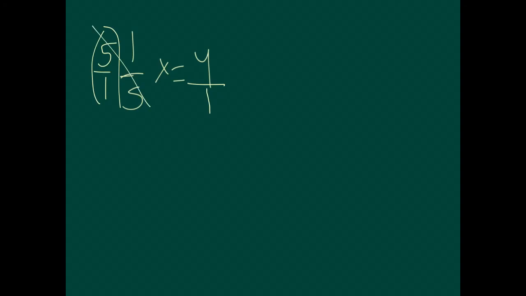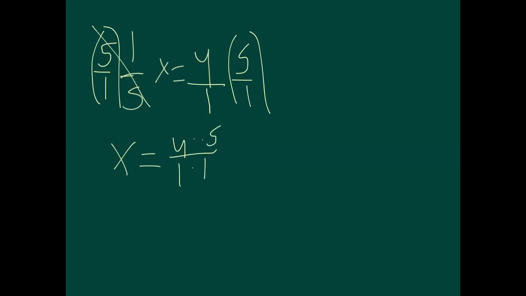Okay, that cancels out. So then this would be 5 over 1. So x equals 4 times 5 over 1. So then you'd multiply that. 20 over 1, which would equal 20. So your answer is 20.